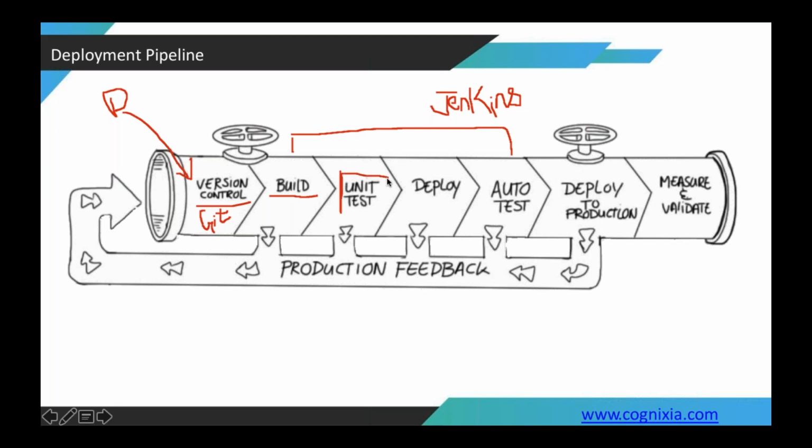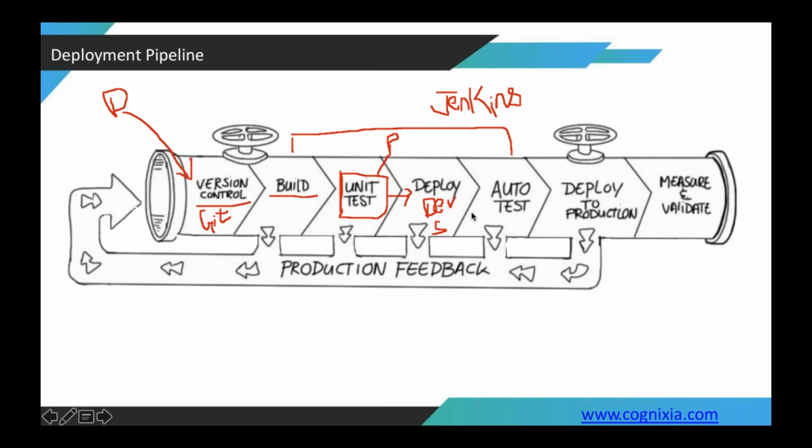Based on the unit test case execution, it would be decided that if it passed, only then will it move on to the next stage of deployment. Then the deployment to the lower environments will occur, like your dev stage and things like that.